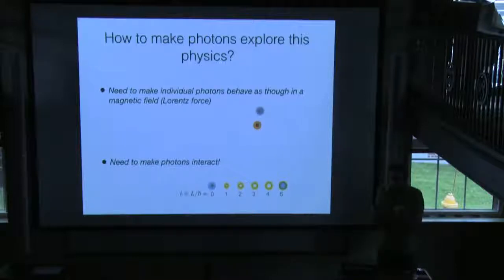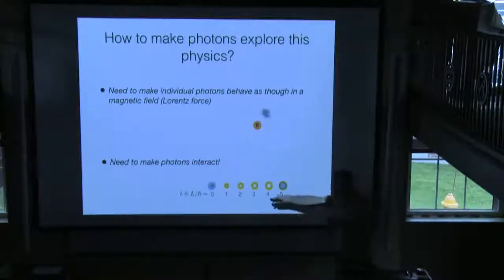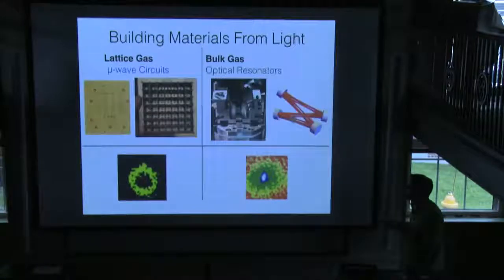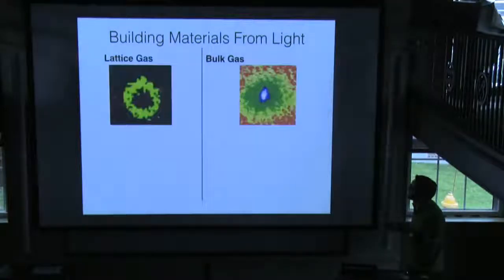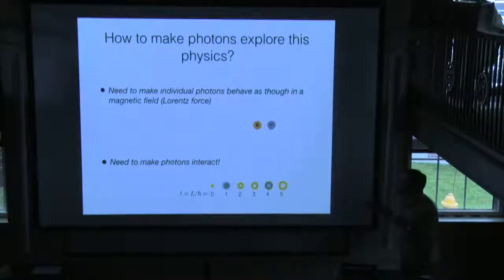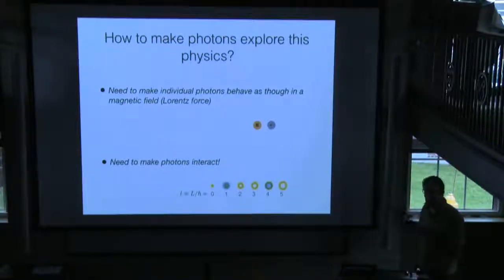That is to say, if they're in the same location, even smaller length scale than the size of the modes, there's some energy cost associated with that. So we need to figure out how to make these two ingredients.